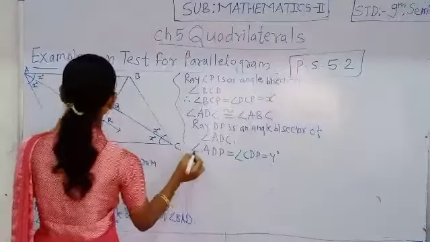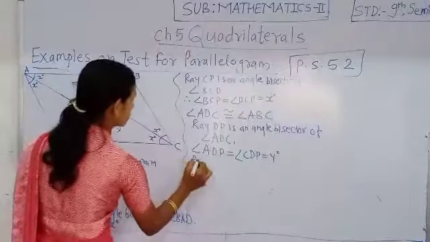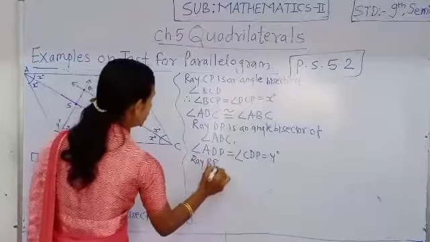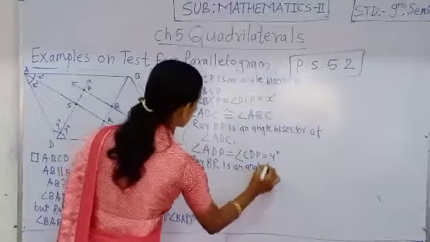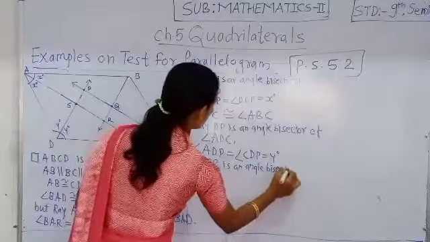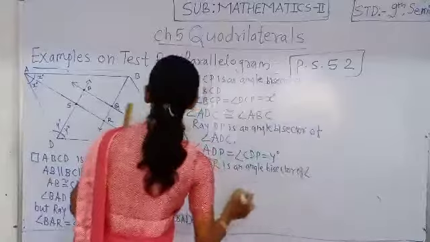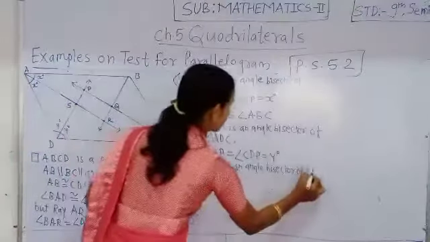Then here ray BR is an angle bisector of angle ABC.